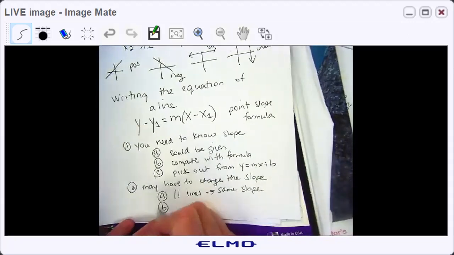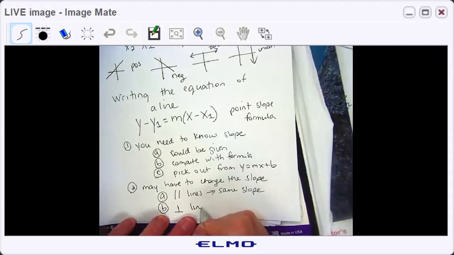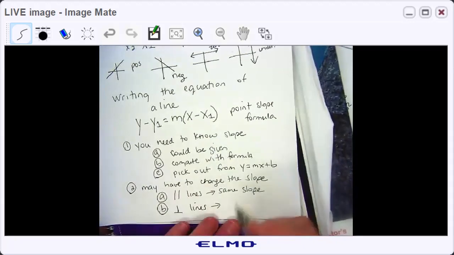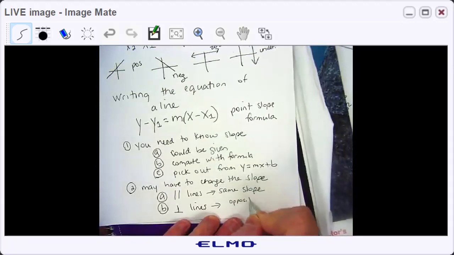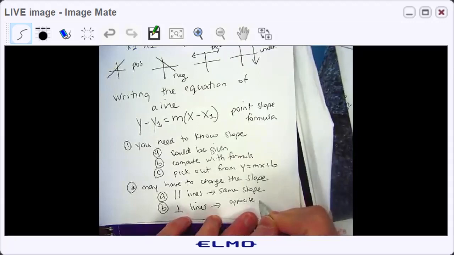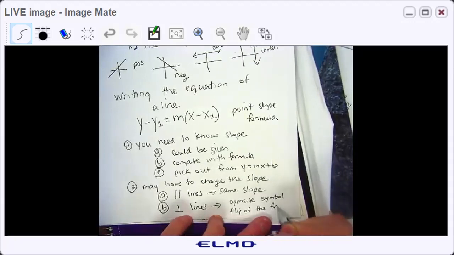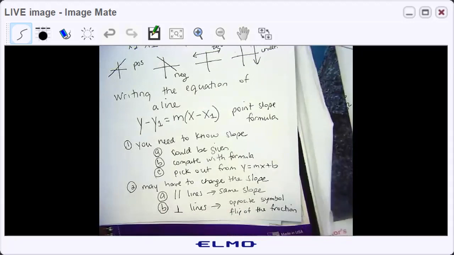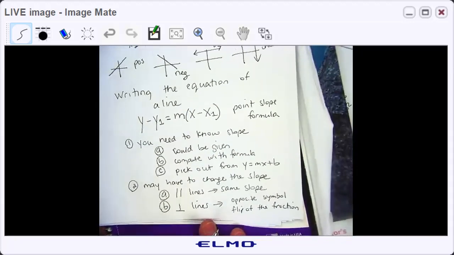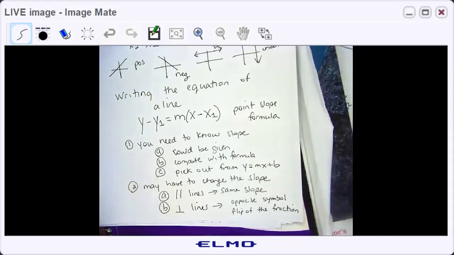But if they said perpendicular, perpendicular lines do not have the same slope. They have the opposite sign. So if one's positive, the other's going to be negative. If one's negative, the other's going to be positive. And they have the flip of the fraction. Remember, slope is a fraction. So that is what we're going to have to do if we're thinking about this slope.